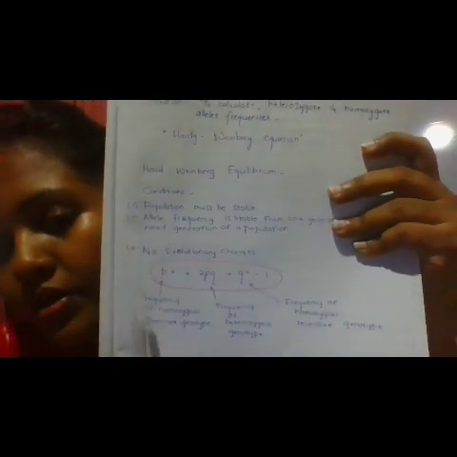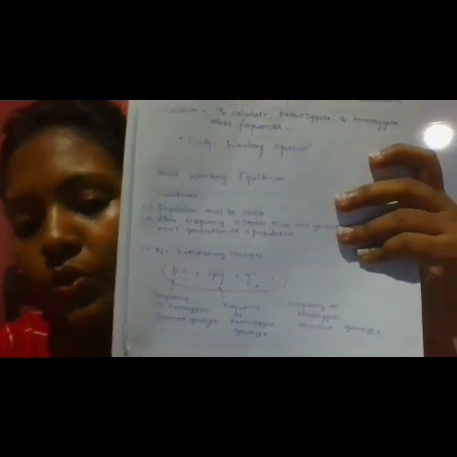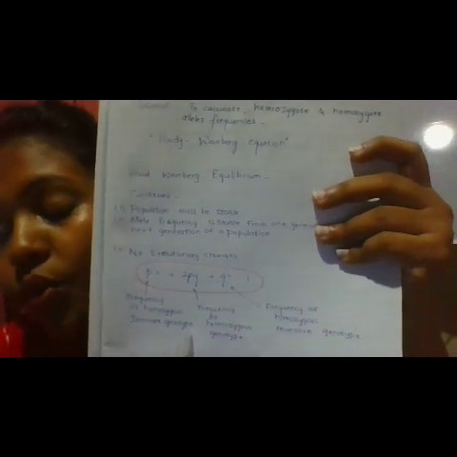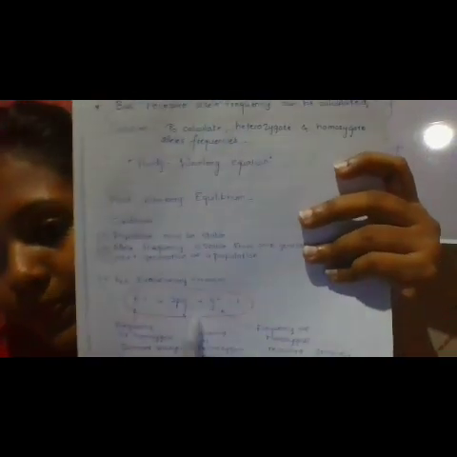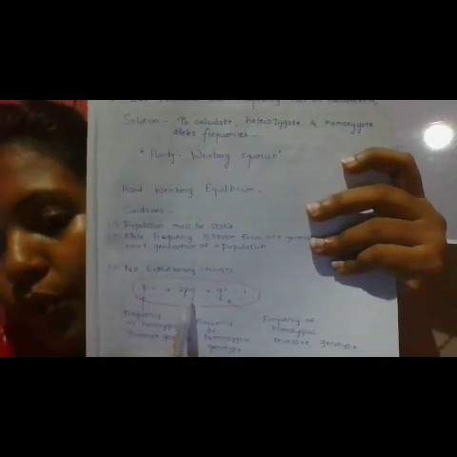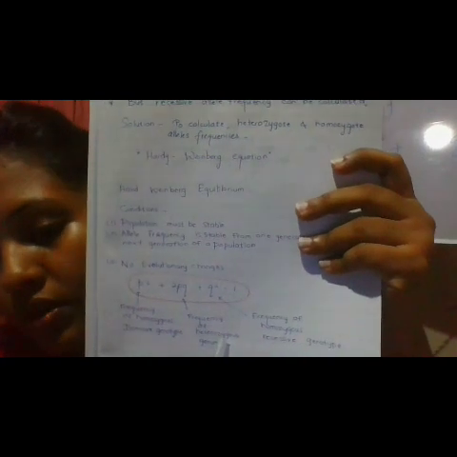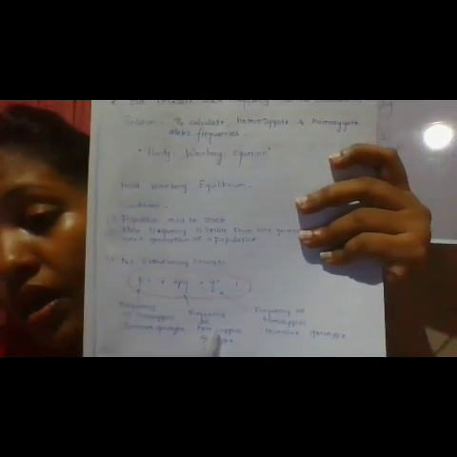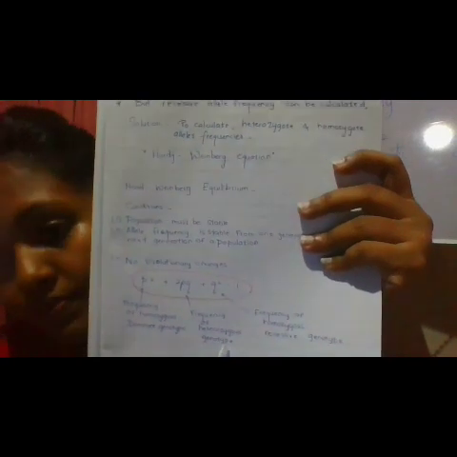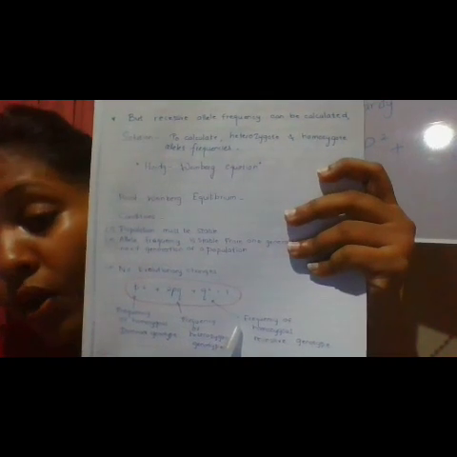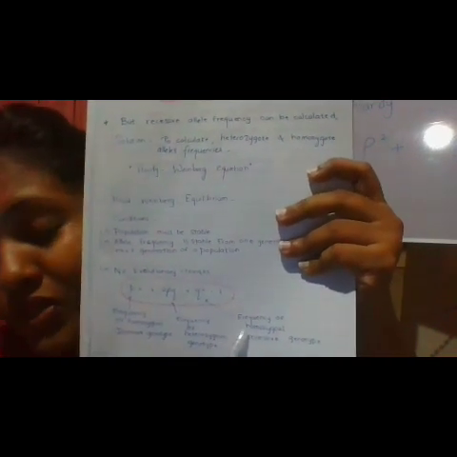P squared means the frequency of homozygous dominant diploid organisms. 2pq means the frequency of heterozygous diploid organisms, and q squared means the frequency of homozygous recessive diploid organisms, and the total equals 1.